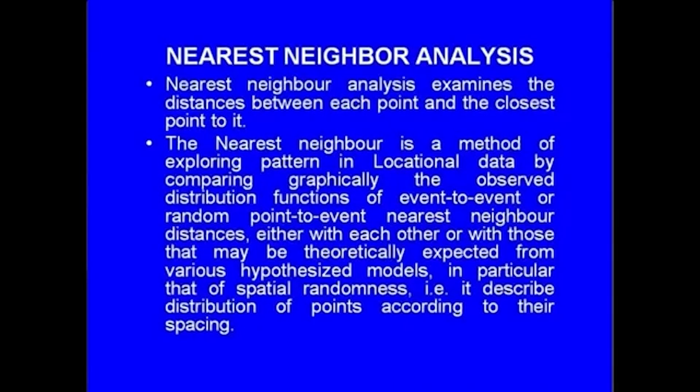The nearest neighbor is a method of exploring patterns in locational data by comparing graphically the observed distribution functions of event to event or random point to event nearest neighbor distances, either with each other or with those that may be theoretically expected from various hypothesized models, in particular that of spatial randomness.